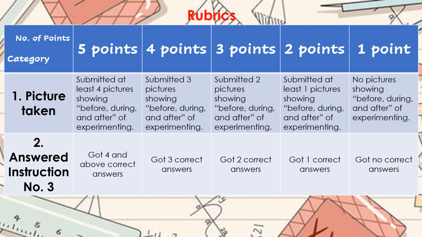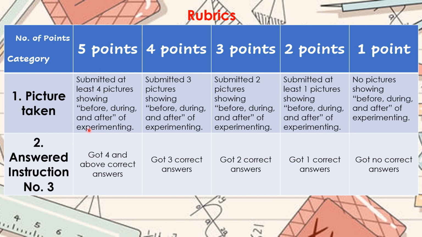Isasubmit ito sa Friday at ganito ko bibigyan ng points ang inyong performance task para sa topic na ito. 5 points kung isasubmit mo itong performance task na may kasamang pictures, at least 4.